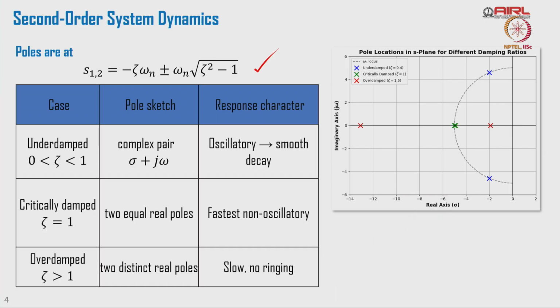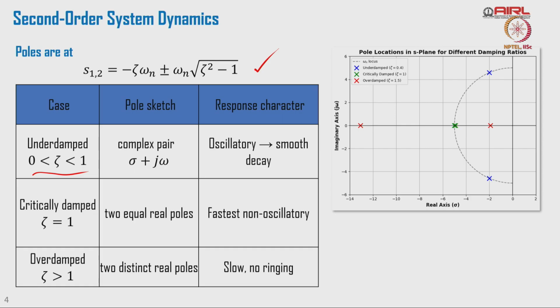You see, we have poles like minus zeta omega n plus omega n square root of zeta square minus 1, and we can vary the value of zeta to check different performances. When the value of zeta is between 0 and 1, we say that the system is underdamped. What happens at that point?